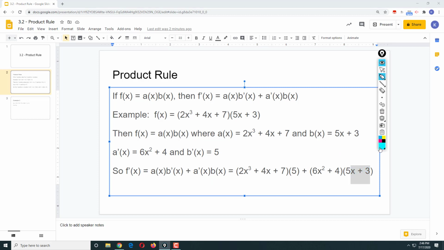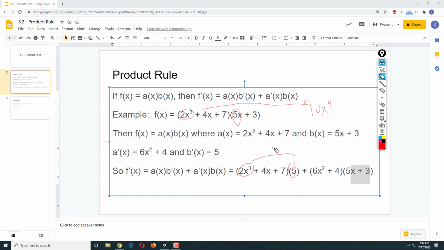Okay. Notice that our original function is of order 4 because the highest order term is 10x to the 4th power. And in our derivative, not surprisingly, the highest order term is x cubed.